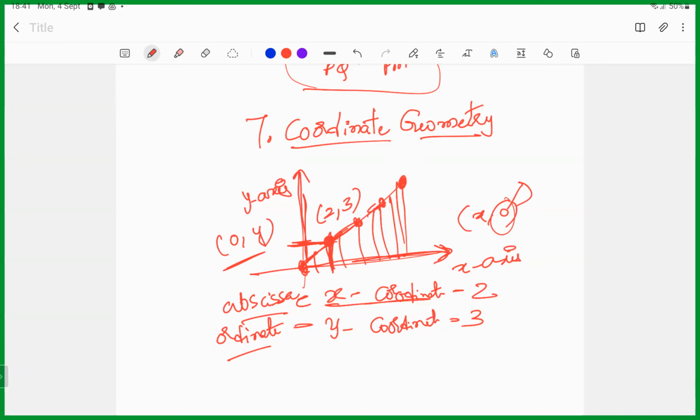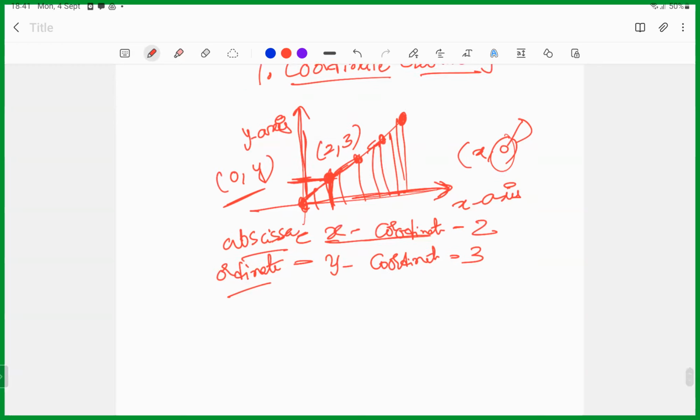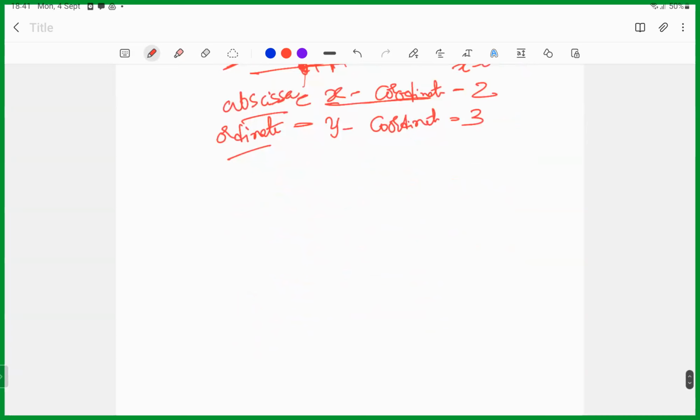Okay, so can you do this exercise? Do you have the graph with you? From tomorrow, bring the graph. For now, just mark the point simply.